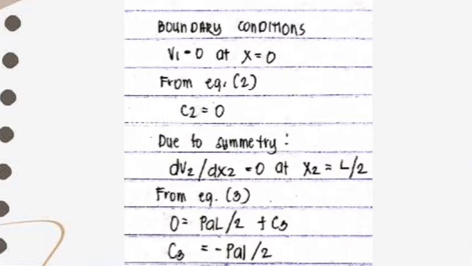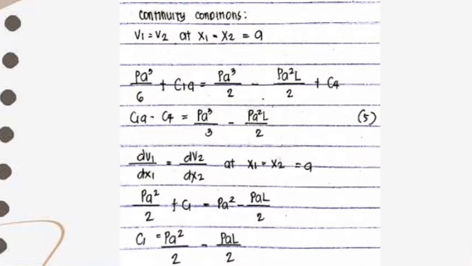So for our continuity conditions, V1 is equal to V2 at x1 is equal to x2 is equal to A. PA cubed over 6 plus C1A is equal to PA cubed over 2 minus PA squared L over 2 plus C4.